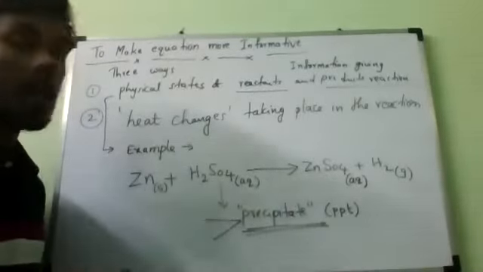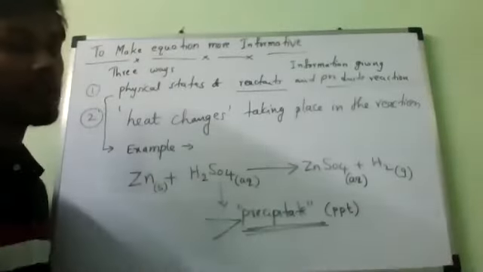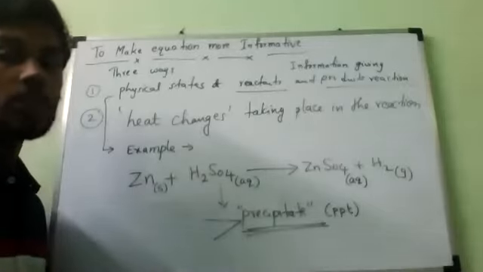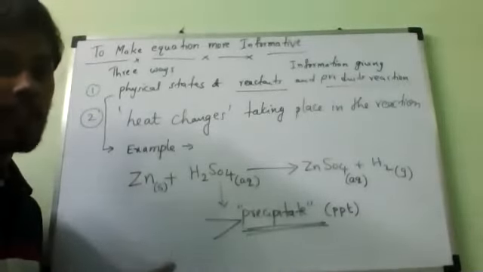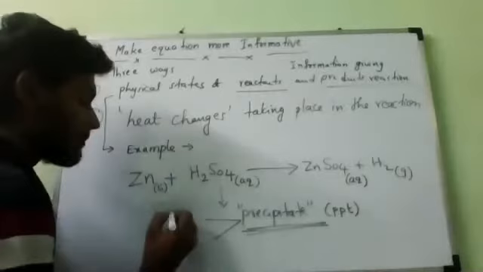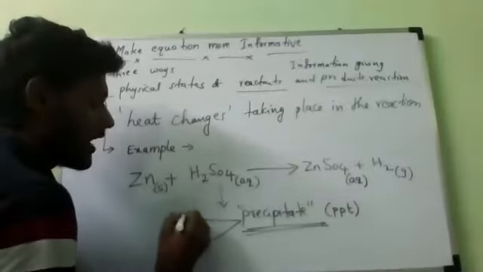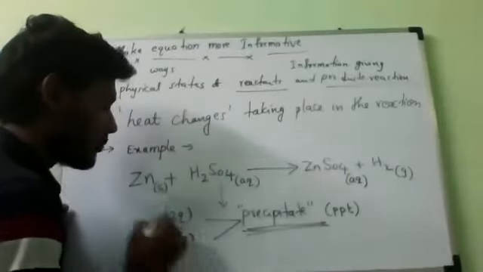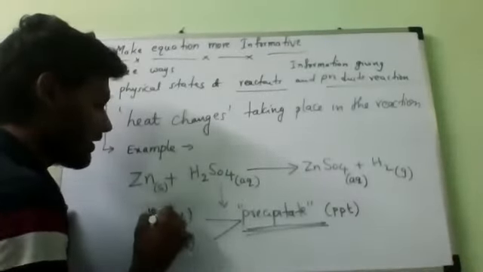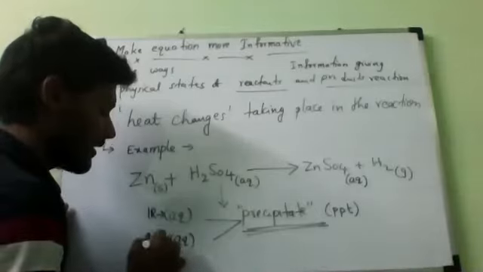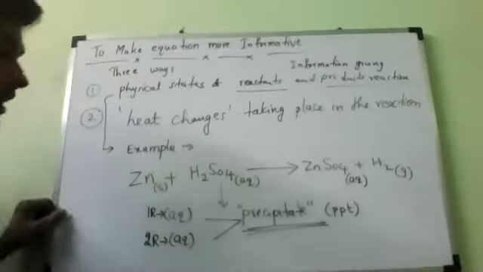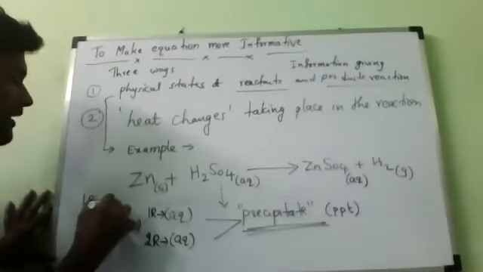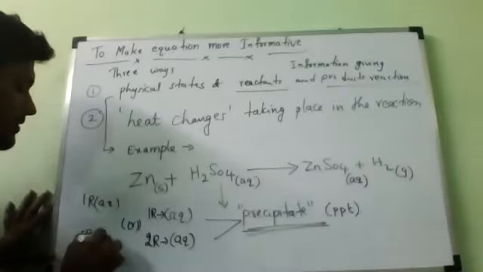Always this will happen only when the reactants are solutions, meaning they must be aqueous solutions. Two reactants should be present: both must be in aqueous state, or one reactant must be in aqueous state and the other reactant must be a gas.